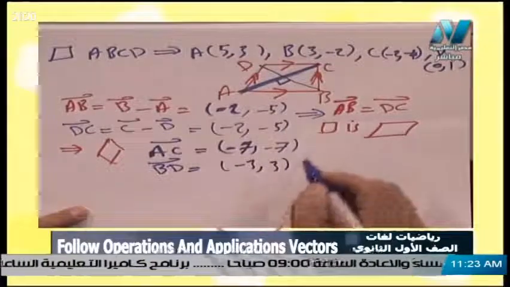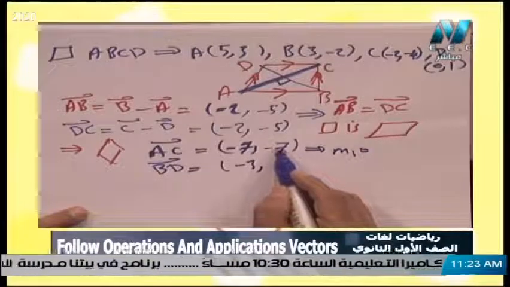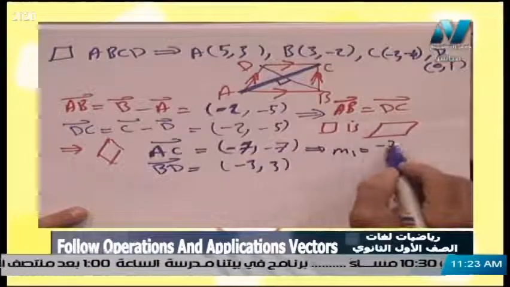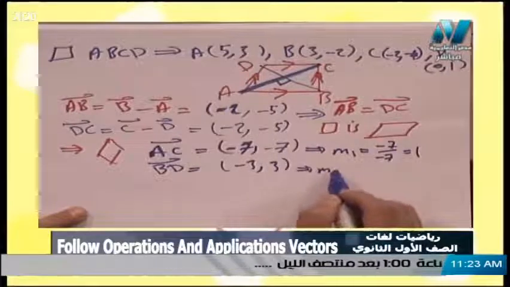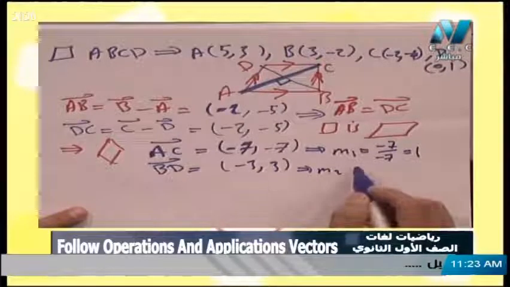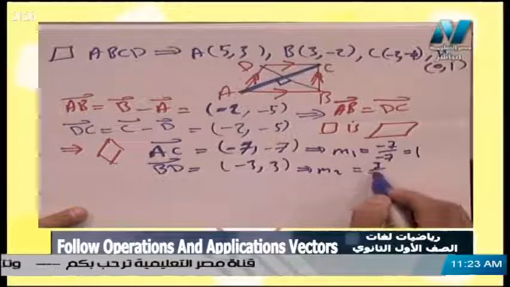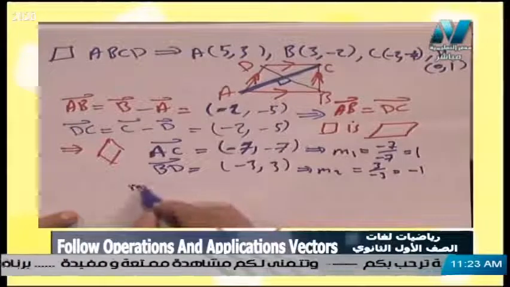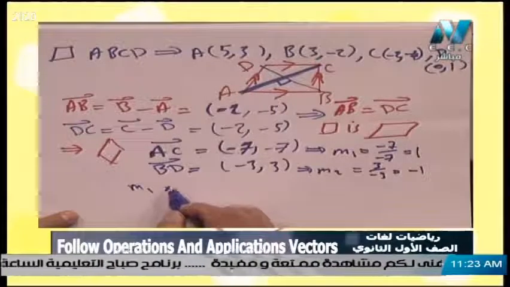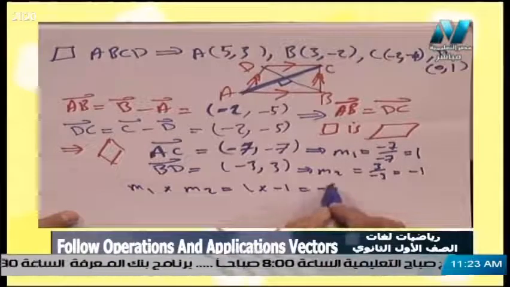The slope of this one equals y over x, which is negative 7 over negative 7, which is 1. And the slope for this vector equals y over x, which is 3 over negative 3, equals negative 1. So when we multiply m1 by m2, we get 1 times negative 1, so it's negative 1.